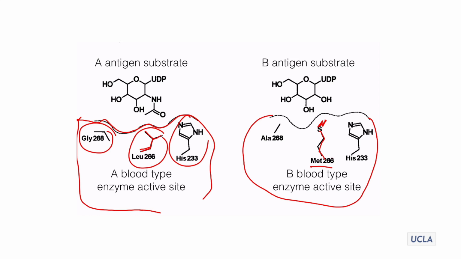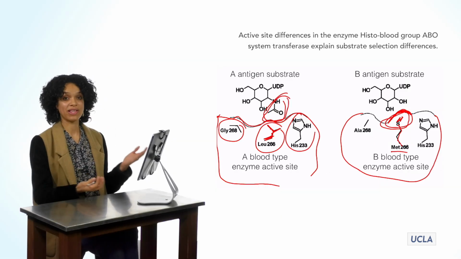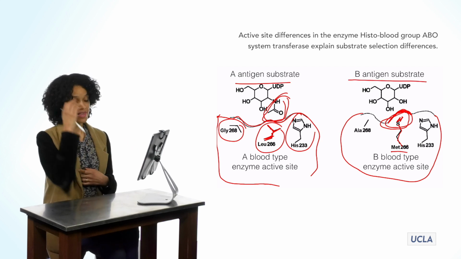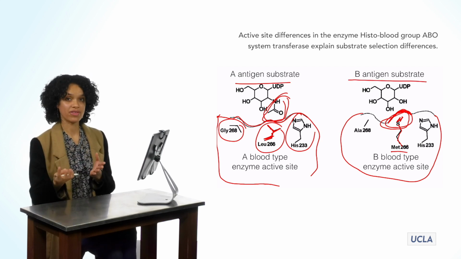And this methionine is jutting out, and that's going to prevent that extra molecular bump here. So our A-type substrate can't bind to this B-type site because of this extra bump. But because the A-type enzyme has a leucine here, which allows for this extra bump, it's basically specific for this A antigen substrate, whereas this B-type enzyme is specific for the B-type antigen substrate.